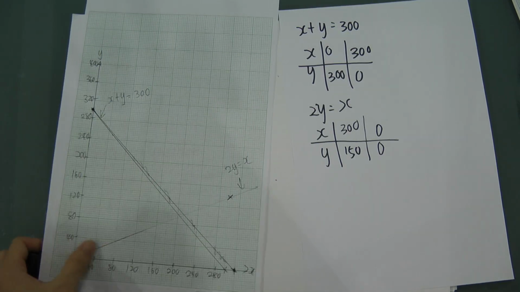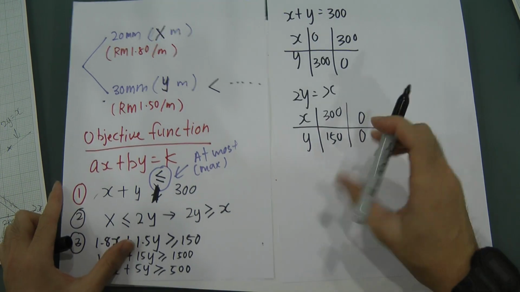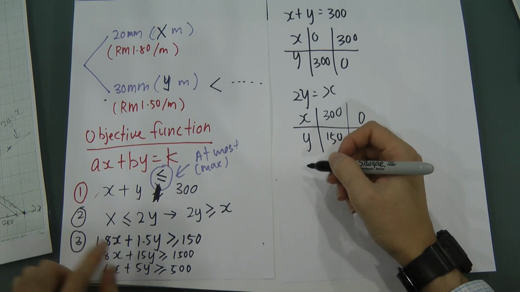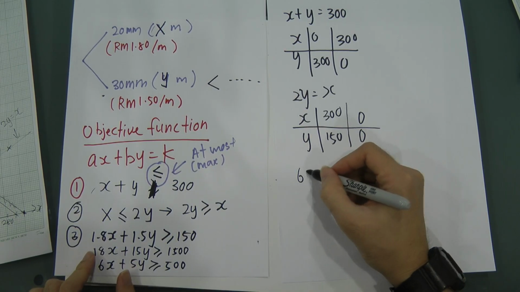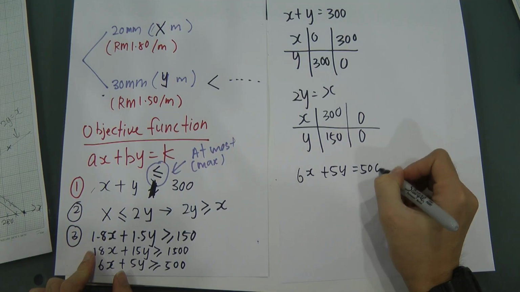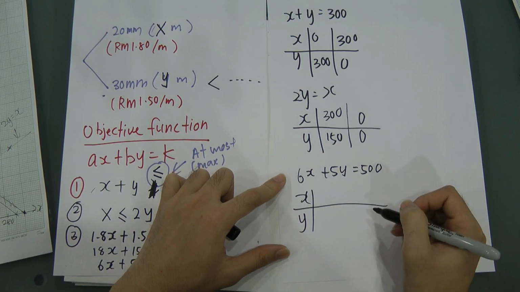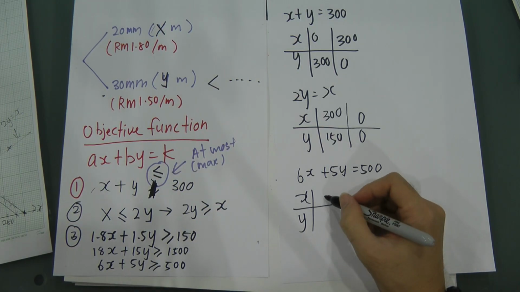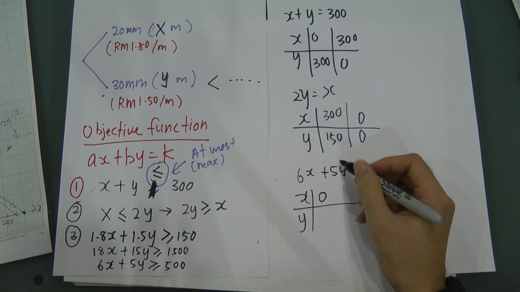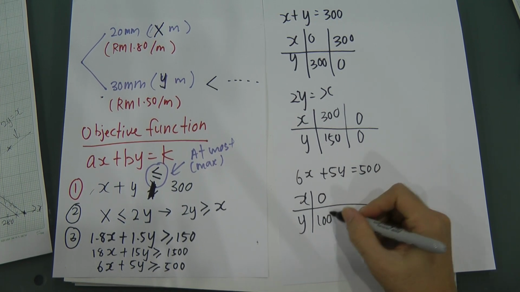After that, the last equation here will be what? This one is 6x plus 5y equal to 500. So we draw a table for x and y. When x equal to 0, this one becomes 0, y will equal to 100.